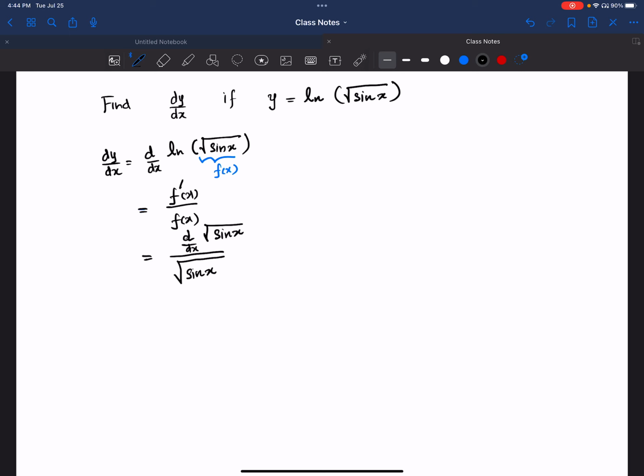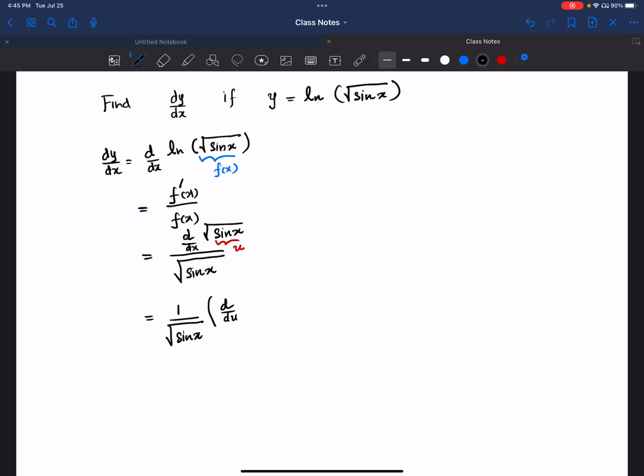Now to take the derivative of the square root of sine x, we can use the power rule, or we can use the chain rule. If I use the chain rule, what I would do is take this part, sine of x, as u.